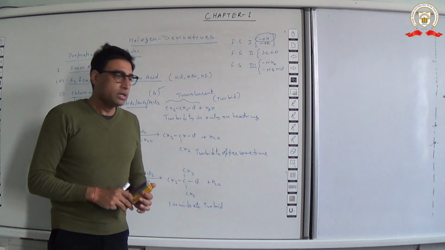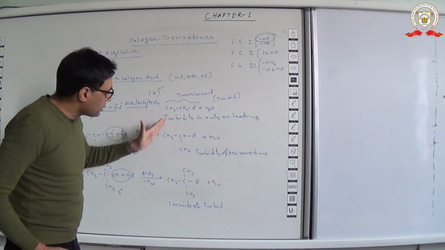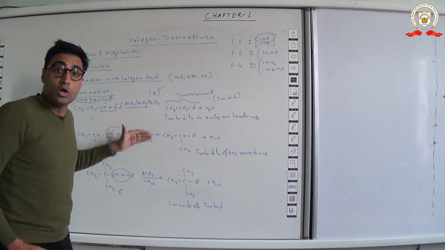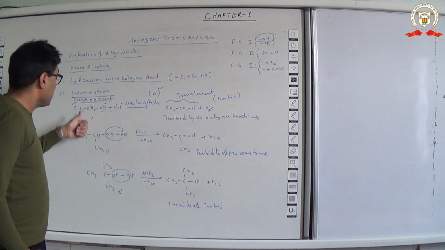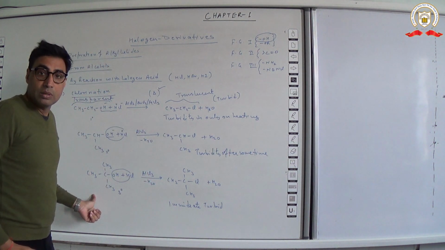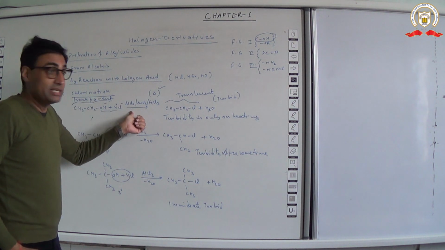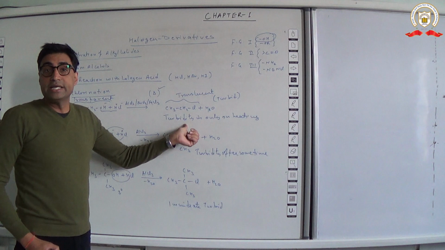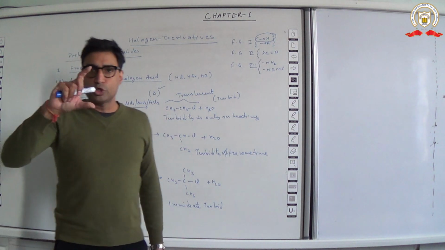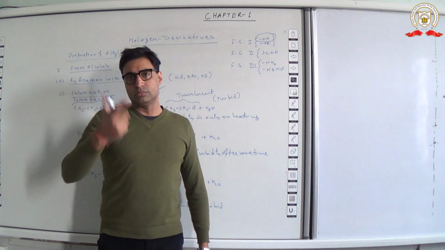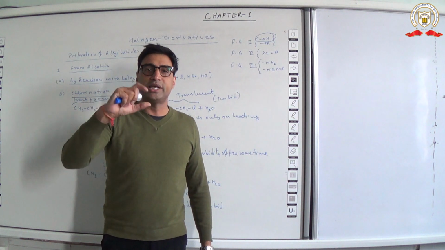So what is happening? It is not only the preparation of alkyl chlorides from alcohols, it is also a test to differentiate between primary, secondary and tertiary alcohol. Primary alcohol on reaction with HCl in the presence of AlCl3 will give turbidity only on heating. Now suppose I have a test tube with some alcohol, which, as I told you, is transparent.